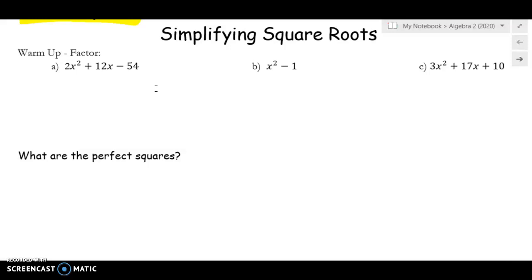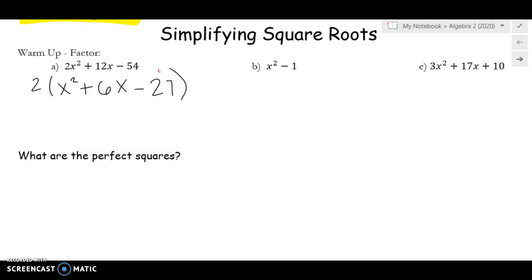So just to recap, whenever you want to factor, so I have this trinomial here, I want to look for a GCF. I noticed that I can take out a 2. So I'm going to take out a 2 from every term, and I'm going to be left with x squared plus 6x minus 27.